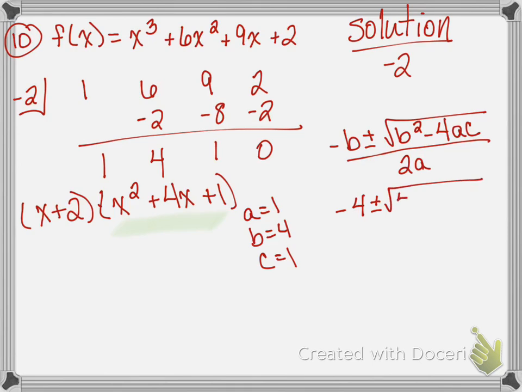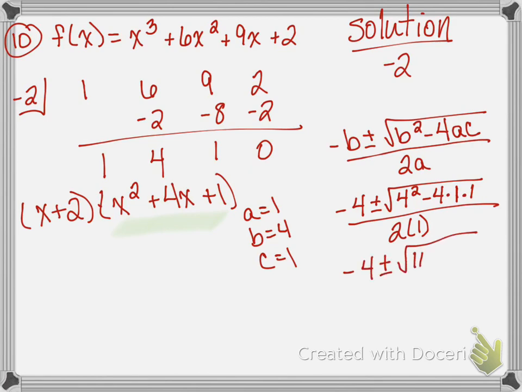Then I have b squared, so that's 4 squared, minus 4 times a, which is 1, times c, which is also 1. And all of that is over 2 times a. So I have negative 4 plus or minus the square root of 16 minus 4. 16 minus 4 is 12.